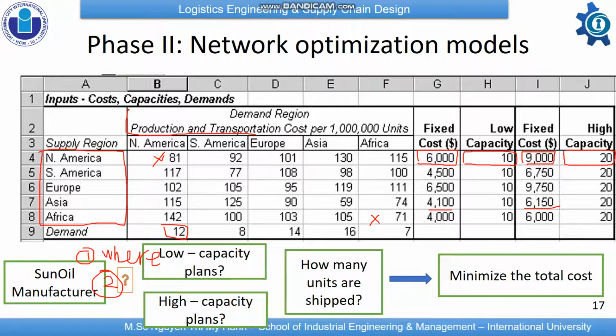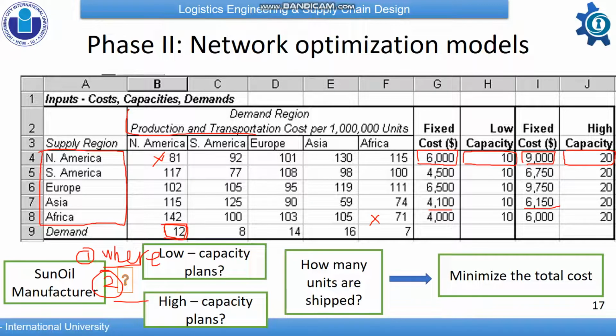And the third question is, after they determine where they should open the new facility and what type of facility they should open, low capacity or high capacity, they will determine how many units they will deliver to that area so that they can satisfy the demand of the market.